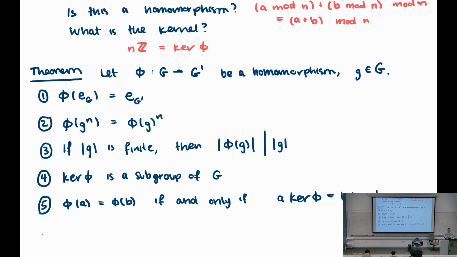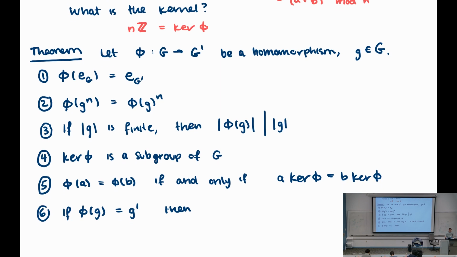And then the last property is that if phi of G is equal to G prime, then the set of x's in G that are also sent to g prime is equal to the left coset g ker phi.